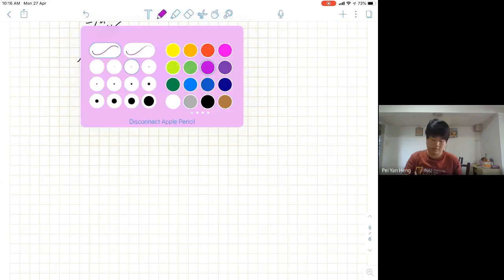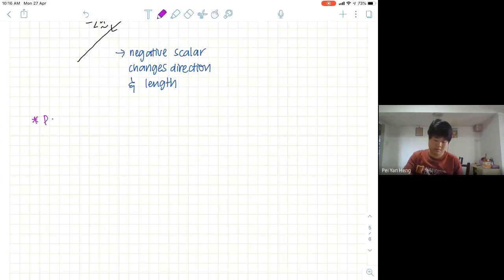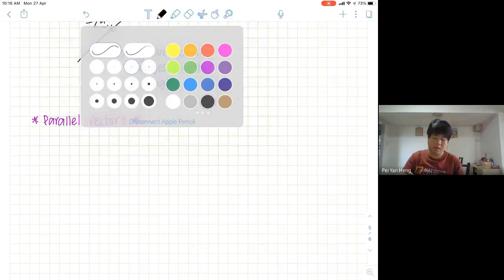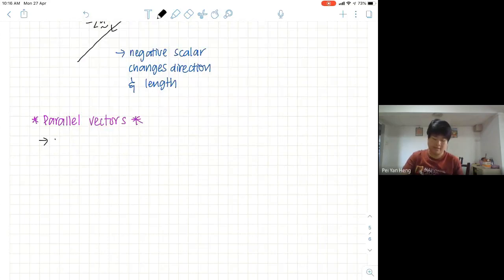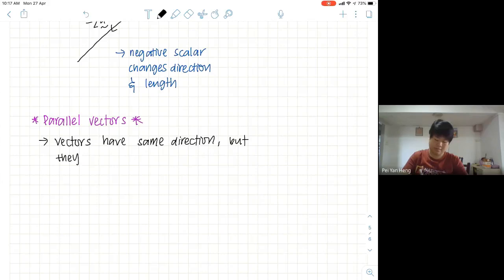Parallel vectors. Parallel vectors are important because when the vectors are parallel, they have the same direction, but they are different in length.